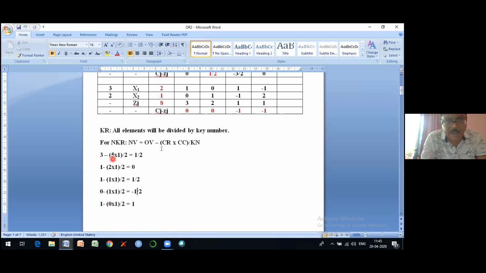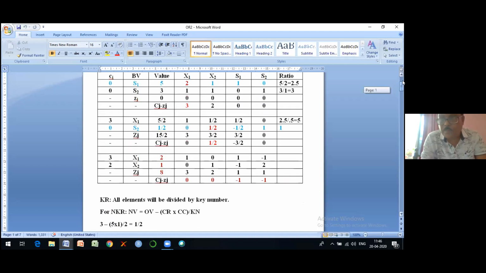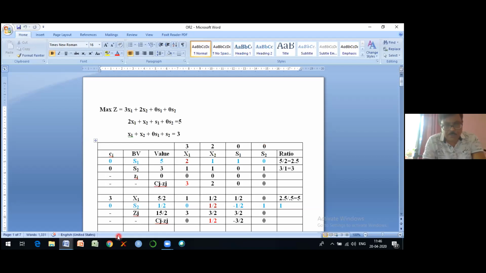Then first bracket, then again first bracket. Then corresponding row, right? Here the corresponding row is this row. Clear? So for this row, the corresponding row will be this row.